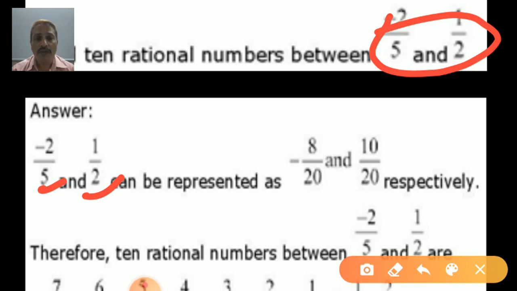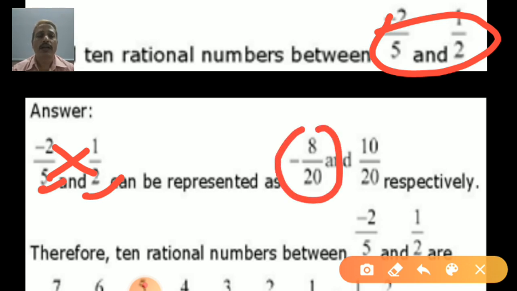And then after, equivalent fractions. Yes, LCM of 5 and 2. Good, 10. Or just multiply with this number and this number. Now 2 into 2, 4. Here directly they took 20, but I want to teach you a different method. Why? Because they want to make 10 numbers. So first of all, I will make it as the LCM.